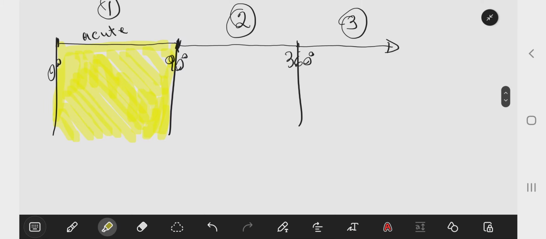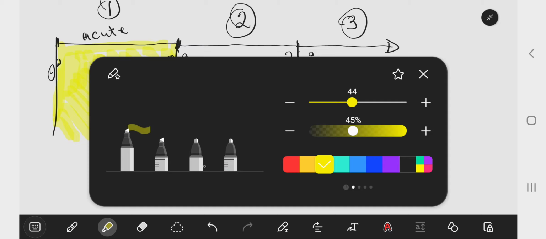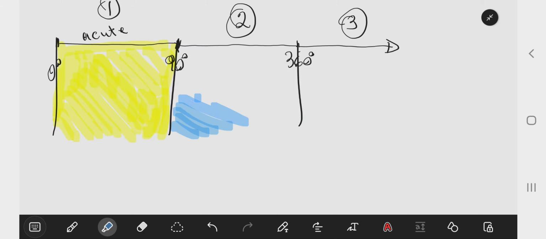But what happens if you have an angle which is greater than 90, or greater than 360, right? Let's say for example you have an angle in region number 2, right?